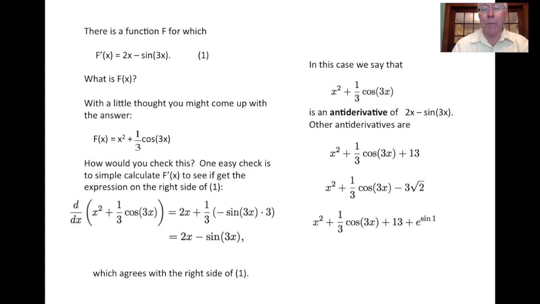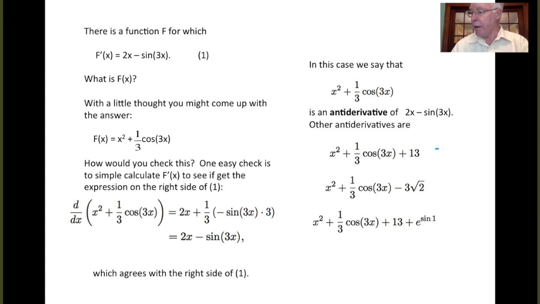However, there are other possible answers. Any one of these three listed here could work, and you see they differ just in this term added, which is just a constant or a real number.